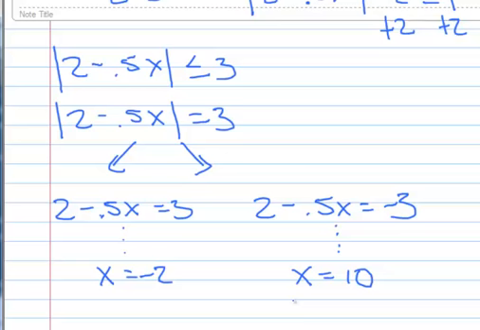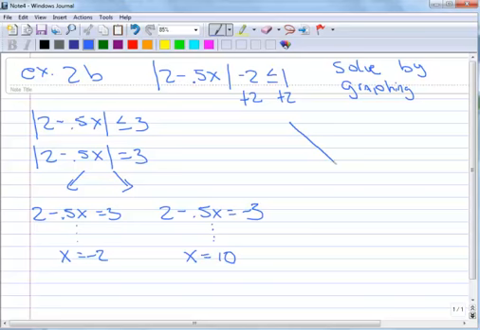Remember, all absolute value equations are a V. Let's just go ahead and draw our V. There's our absolute value.